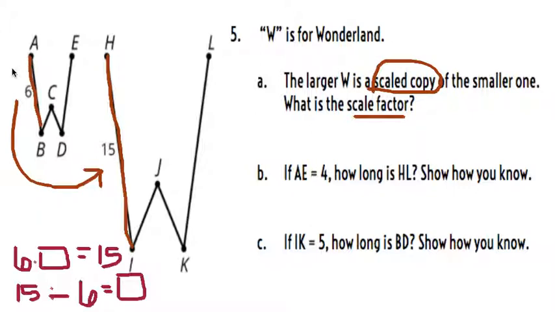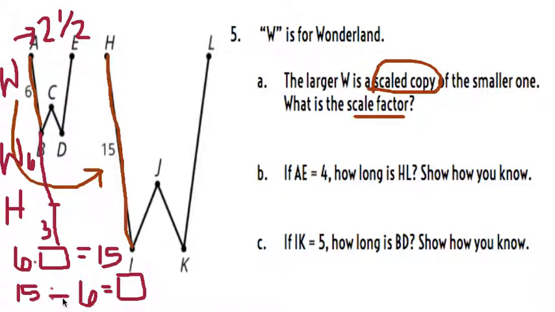Or I could say, if I had 6, how many times would I need to stack it to get to 15? So if I did 6, and then another 6, now I'd be at 12, and did another 3, now I would be at 15. So this is like having a whole and a whole and a half, which would be 2.5.